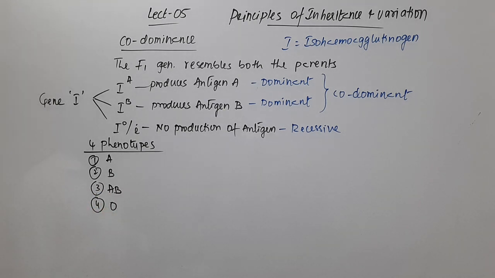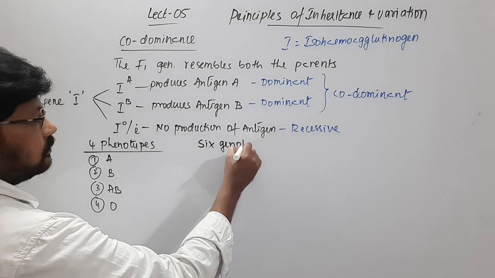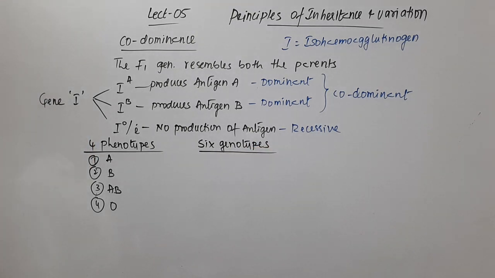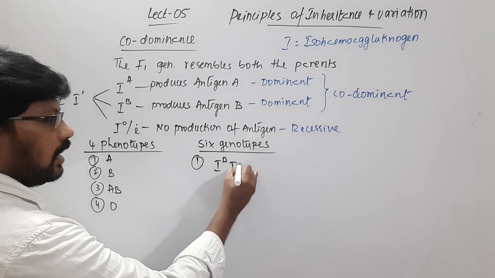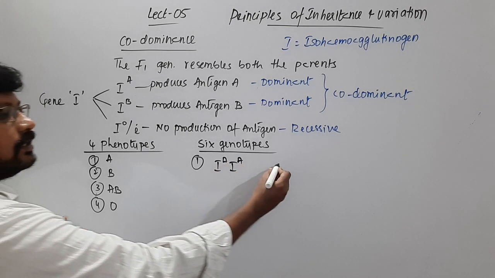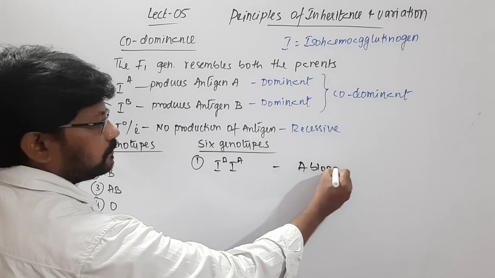These are the four phenotypes, but there are six genotypes possible. Let's see what those six genotypes are. One, IA IA. In this condition, the person's blood group will be A blood group.